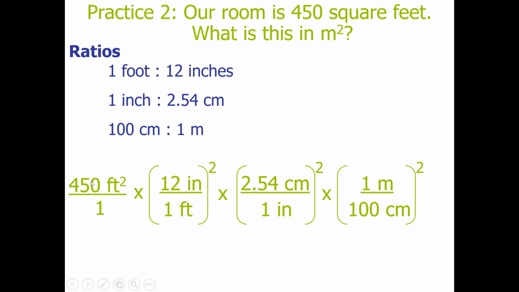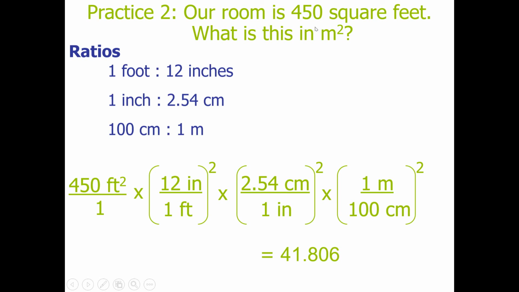In my calculator, I can type in 450 times 12 squared times 2.54 squared divided by 100 squared. Notice I left out all the ones because I know that 1 and 1 squared is itself, so save yourself the calculator strokes, and my answer should come out to something close to this in the calculator.